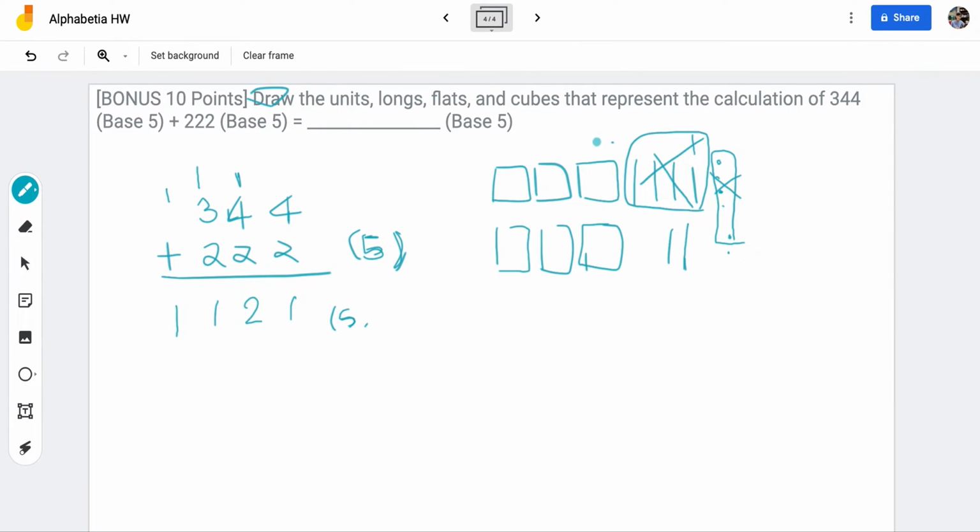And we know 5 of the flats will make another cube. So I want you to represent each of these followings of regrouping and carried over, regrouping, carried over, and so on. So we know there's 1 unit left here, right?